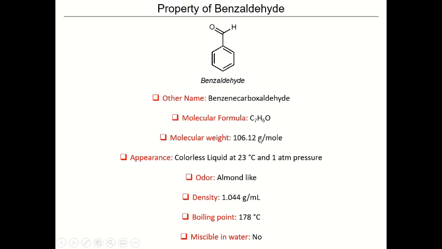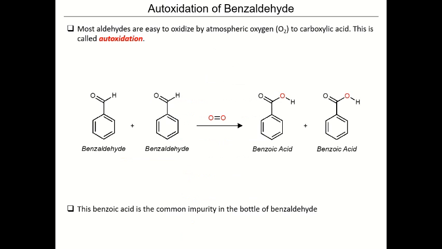You can also check the molecular weight, and the appearance is a colorless liquid at 23 degrees Celsius and 1 atmosphere of pressure. It smells almond-like, and you can also see other physical properties like density, boiling point, and miscibility in water. In that form it is not miscible in water.